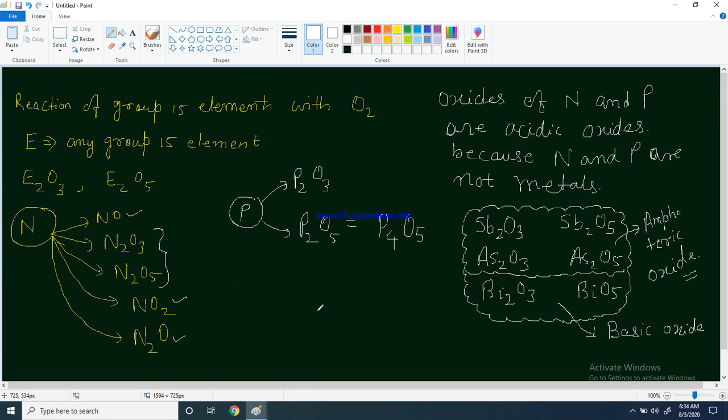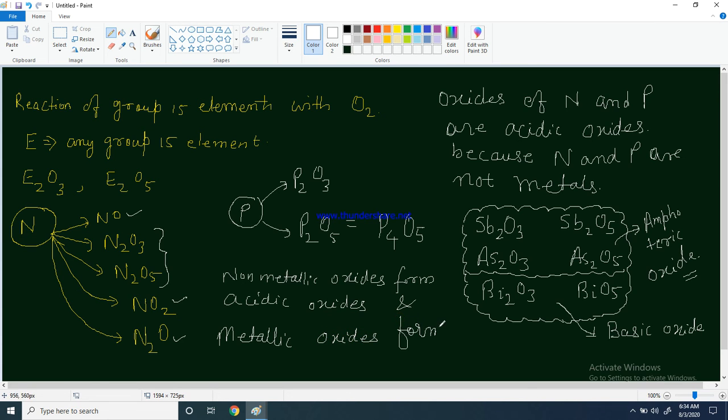The reason is that non-metallic oxides form acidic oxides and metallic oxides form basic oxides.